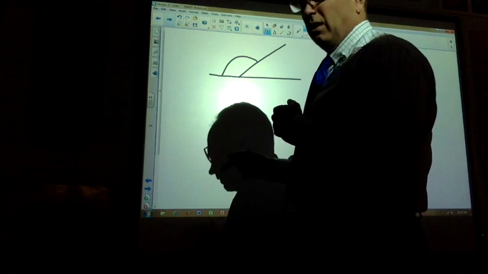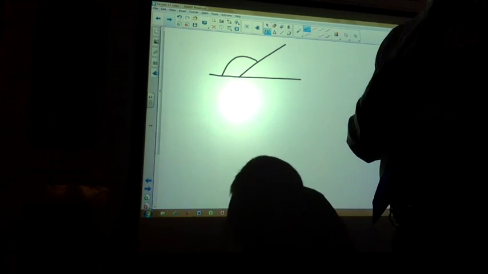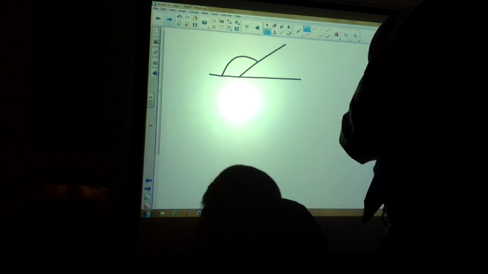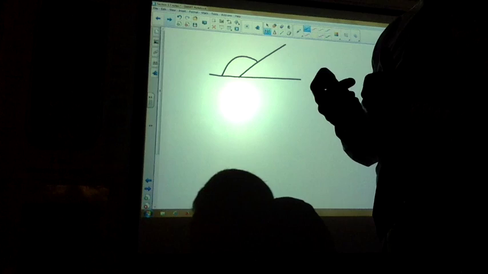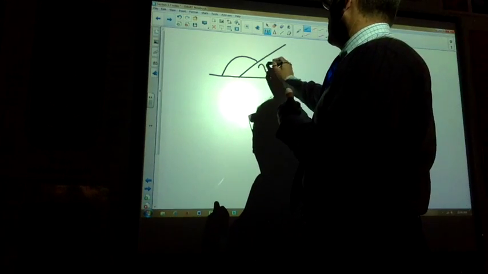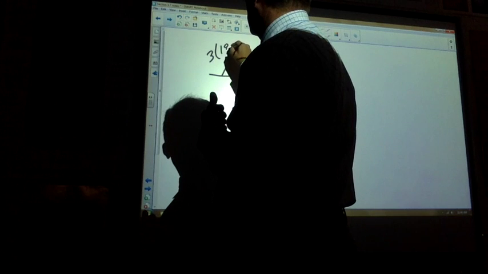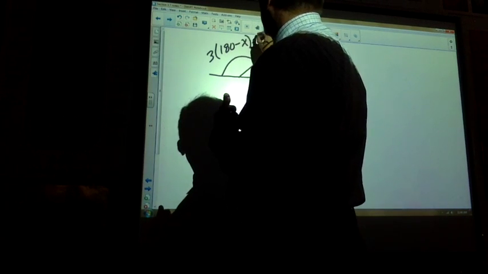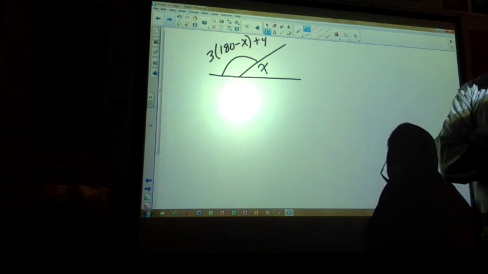Ideas? What does 3 times the smaller by 4 mean? Oh, exceeds. Okay, so exceeds 3 times the smaller. So if this is the smaller, then this one is going to be 3... Did I do it right?